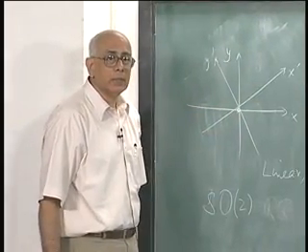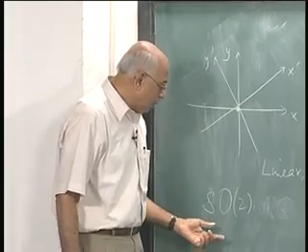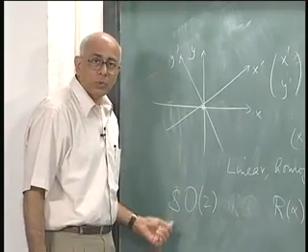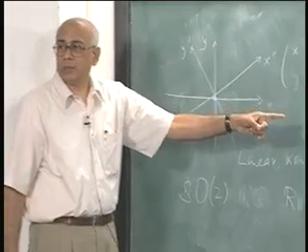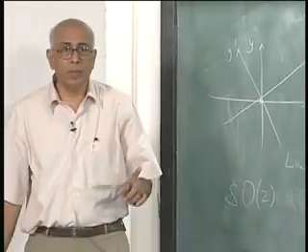So you already see that O2 is a bigger group than SO2, and it is the SO2 which are proper rotations. Otherwise O2 contains some improper rotations as well. They could represent not only rotations but also reflections about either of the axes. Pardon me? O2 is not a continuous group. There are portions in it which are a different set altogether.